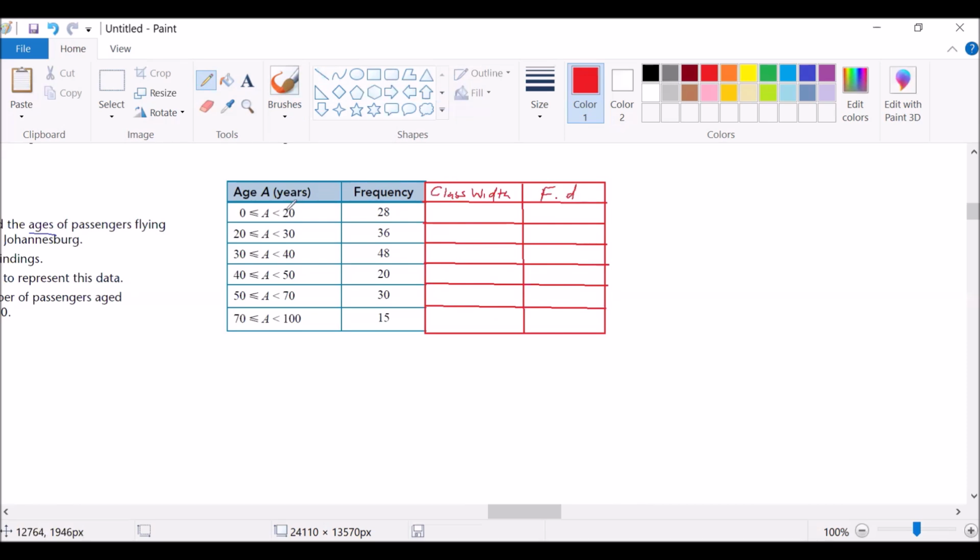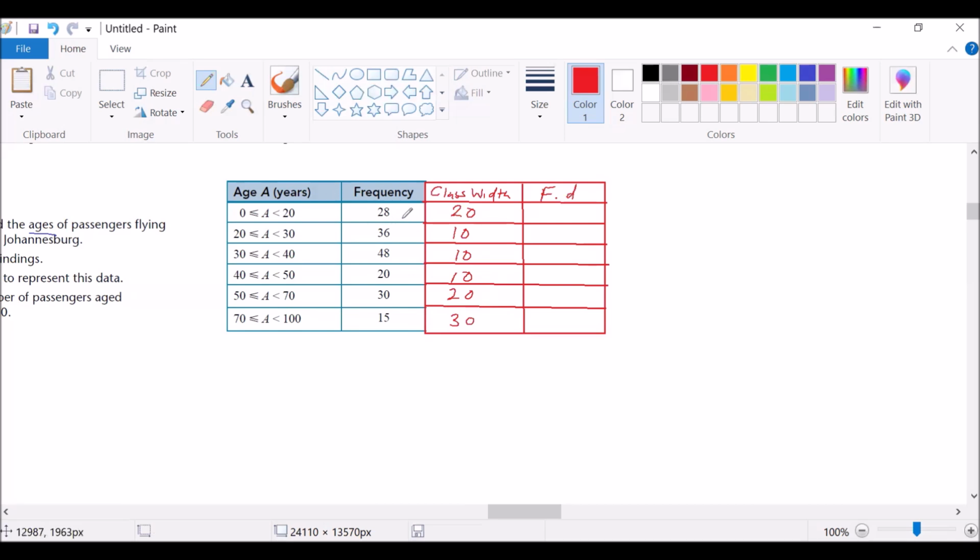So what we only need here are the columns for class width and frequency density. Our class width here is 20 minus 0, which is 20, 30 minus 20, which is 10, 40 minus 30, which is 10, 50 minus 40, 10, 70 minus 50, 20, 100 minus 70, which is 30.